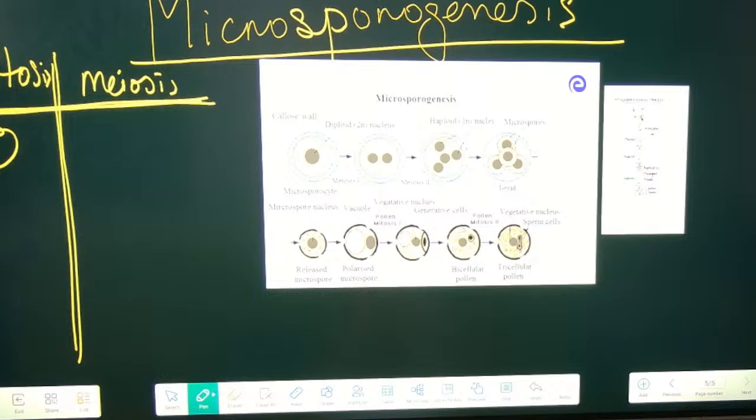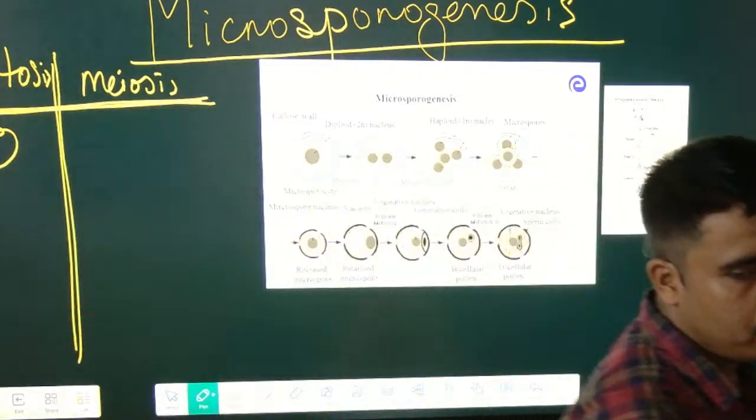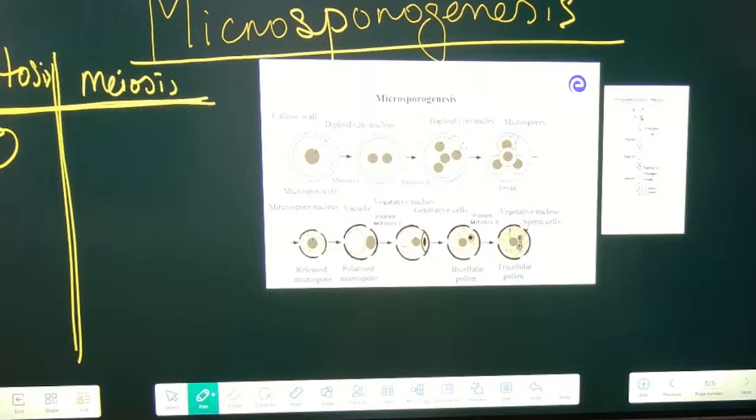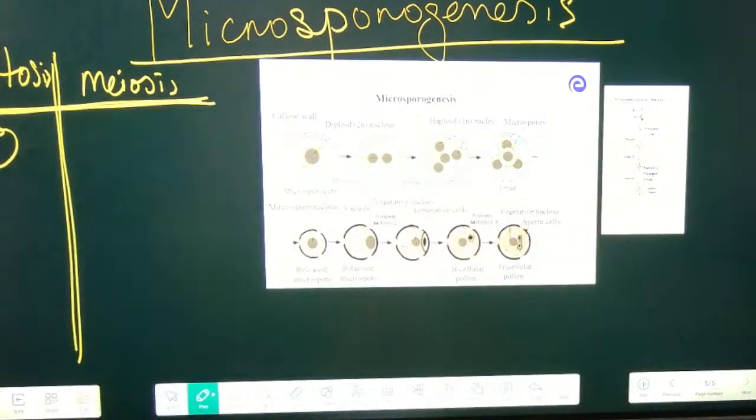Like our cell or different body parts having a chromosome number of 46. So in every organism, whether it is plant or animal, every organism has a specific, constant number of chromosomes.